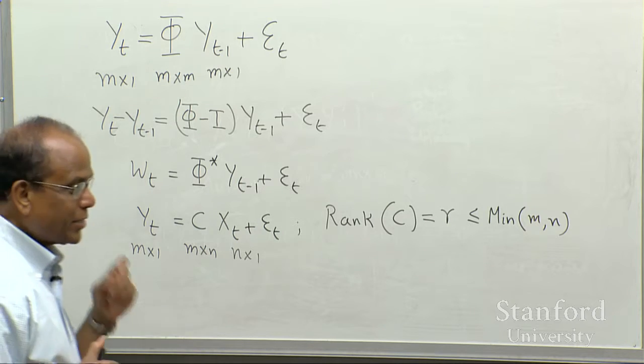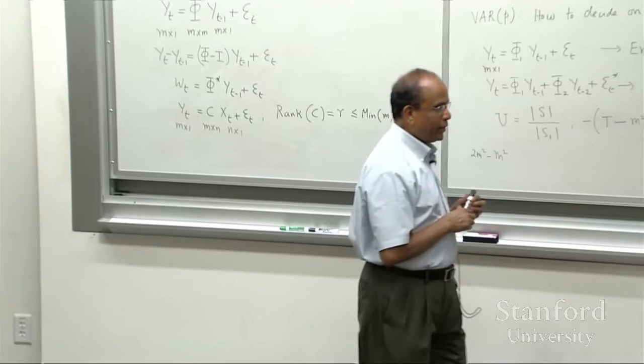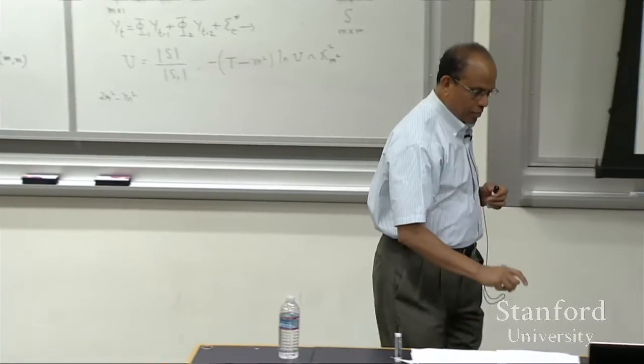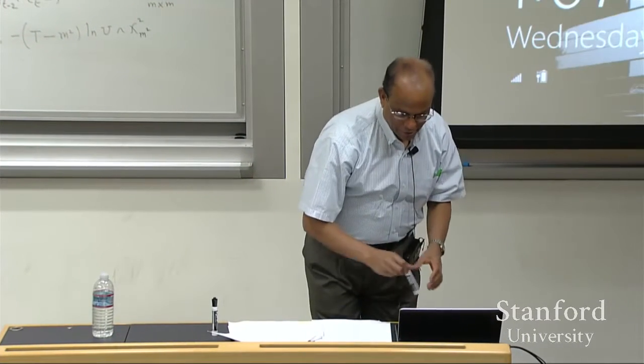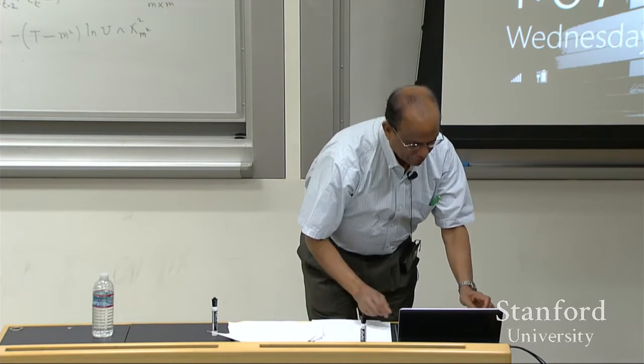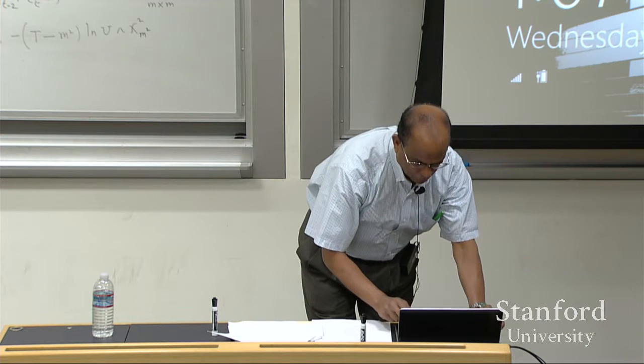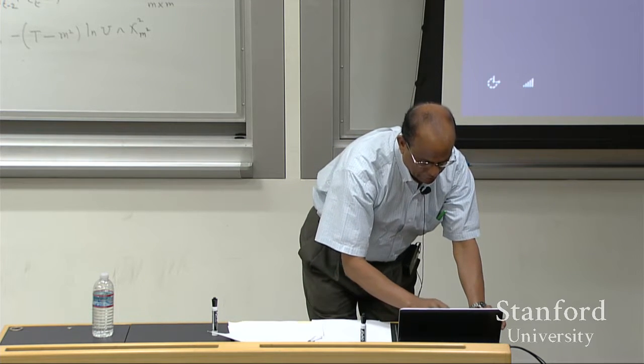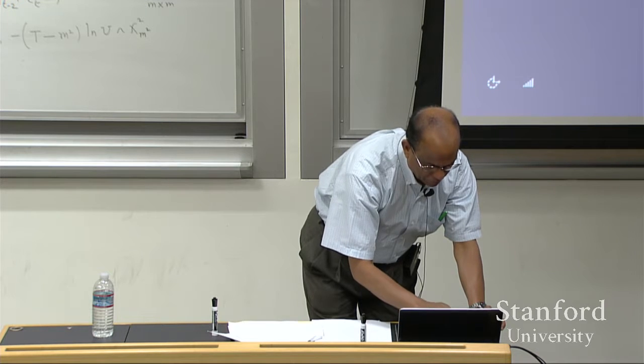It has some nice implications. That is the reason why I am spending a little bit of time to develop this, because you will see that the famous Johansen test follows from here.